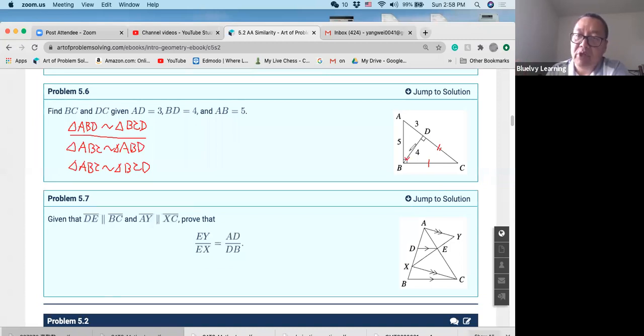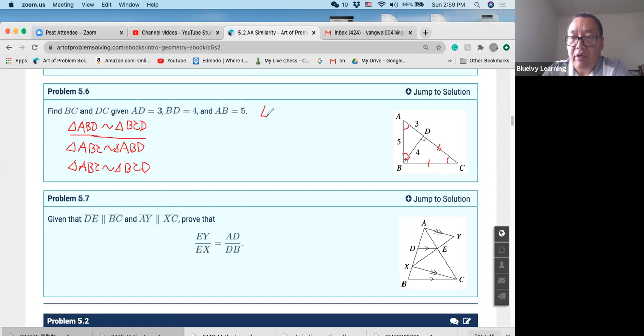That's enough because we already have 1 pair of angles equal to 90 degrees, right? So now let's say ABD and BCD. This angle plus this angle equals 90 degrees, right? And this angle plus this angle also equals 90 degrees.